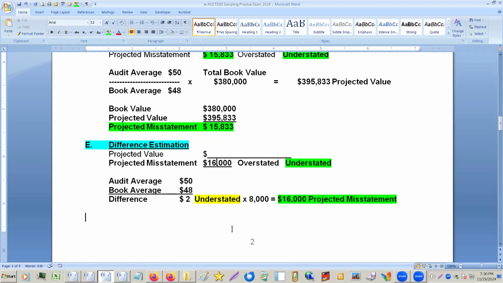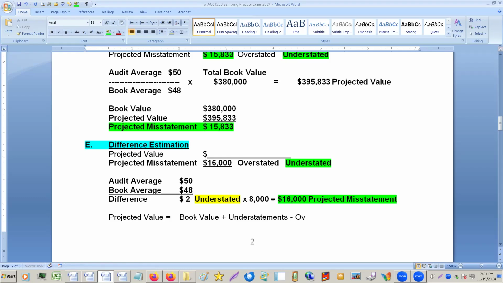Oh, no, so actually, I'm going to give you a formula. I should have given you before. So the projected value equals the book value plus any understatements or minus any overstatements.